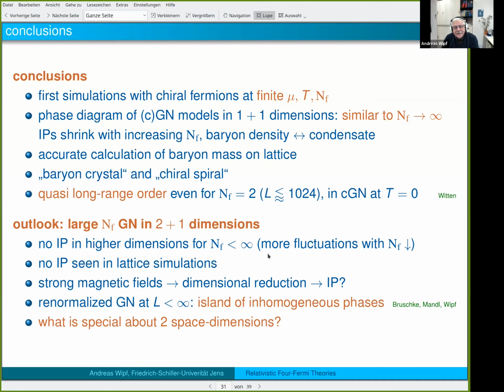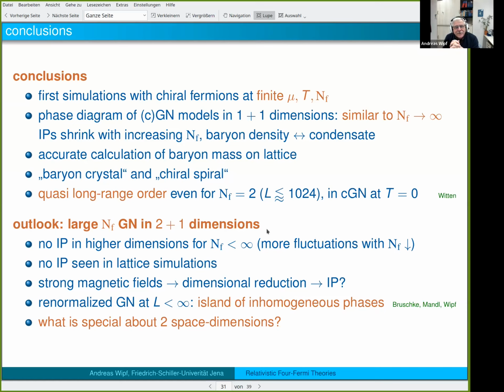Now, these results do not necessarily mean that there's no inhomogeneous phase in QCD. Gauge theories may, after all, behave a bit differently than these effective models. But at least it sheds some doubt on the early conjectures that there may be an inhomogeneous phase in QCD, because these conjectures are really based on these effective models.